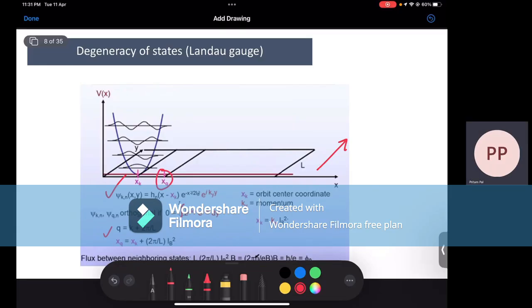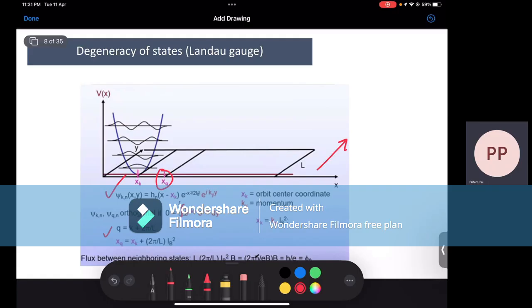If the momentum changes by 2 pi over L, then we can determine the orbit center coordinate associated with that shift, and that's just 2 pi over L times the magnetic length.